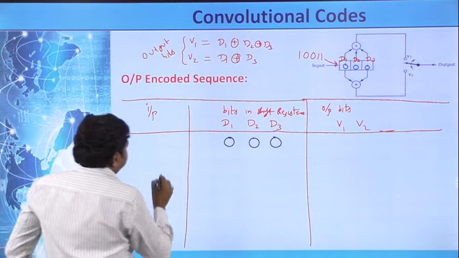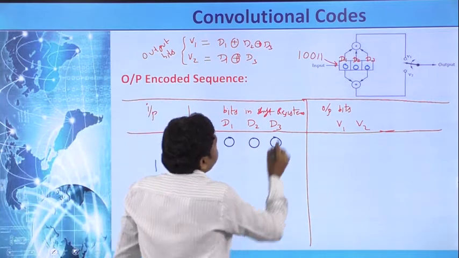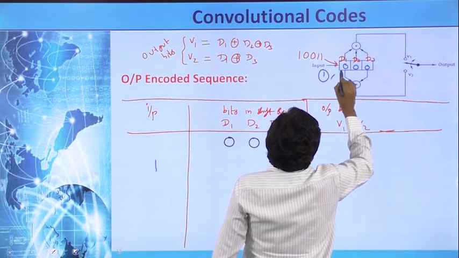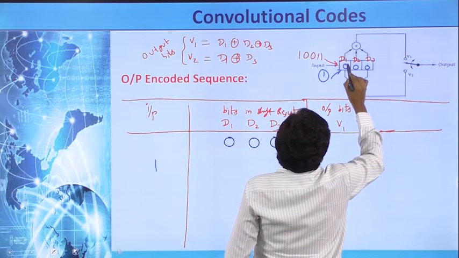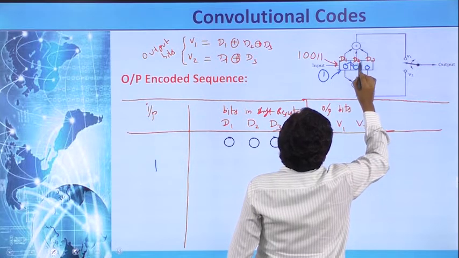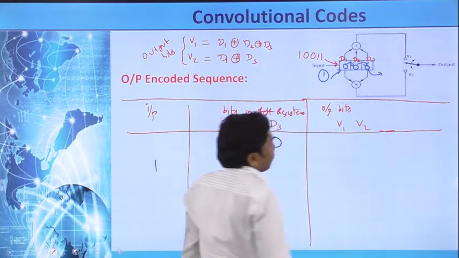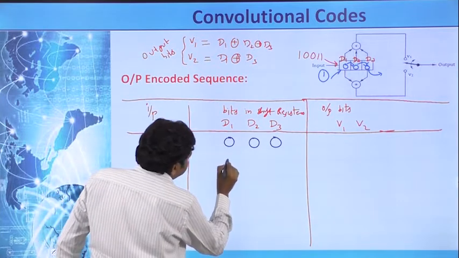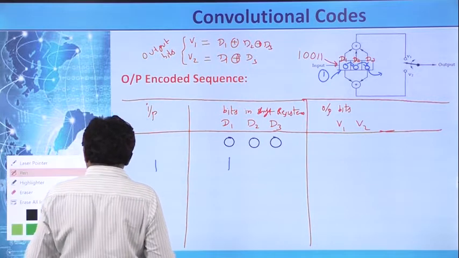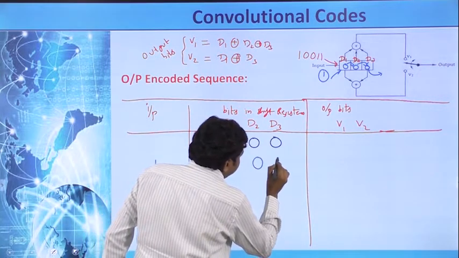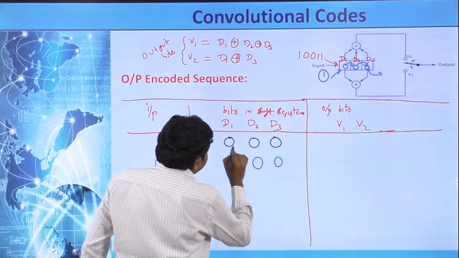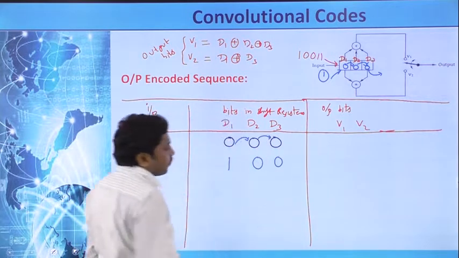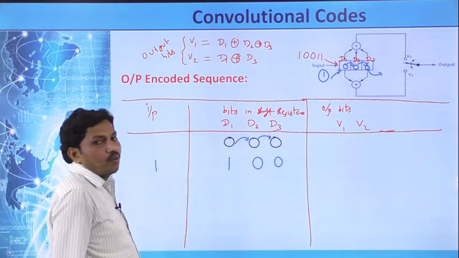When the input bit is applied as 1, this 1 comes into D1, whereas this 0 moves into here, this 0 moves into here, and this one goes outside. The bits in shift register are 1, 0, 0.